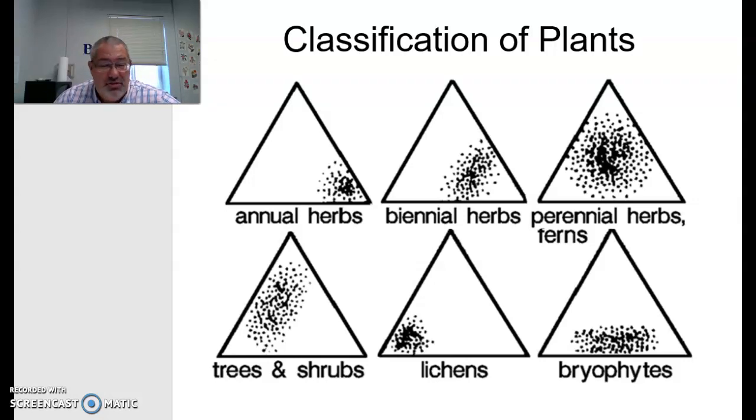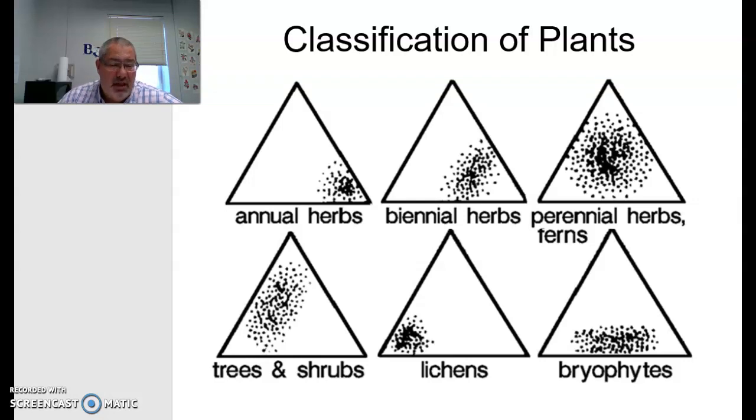They tend to cluster in the stress tolerating category. And bryophytes, moss, liverwort, small little plants, tend to be clustered in between stress tolerators and ruderals. So you might notice that different types of plants do tend to have their own unique pattern within this CSR triangle.